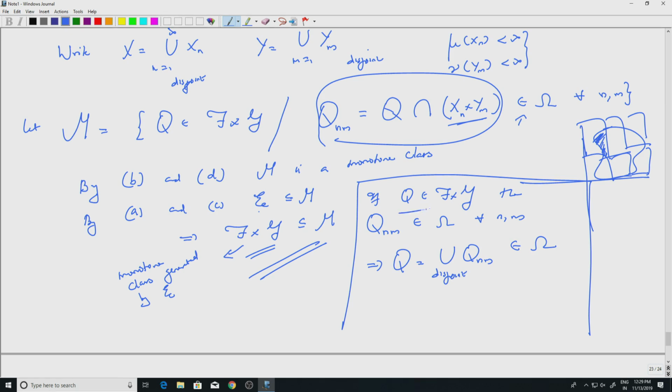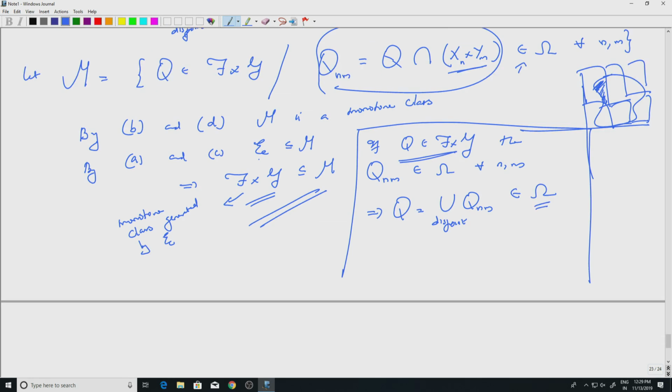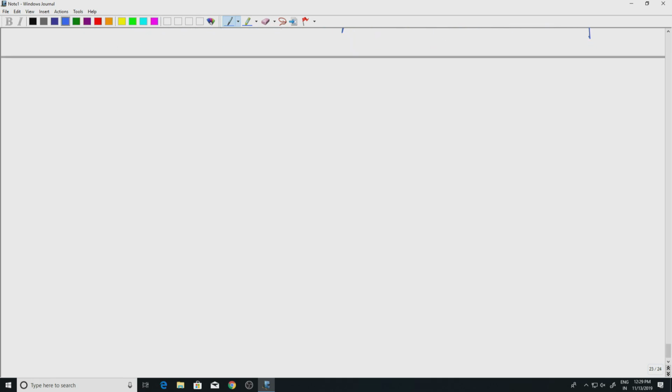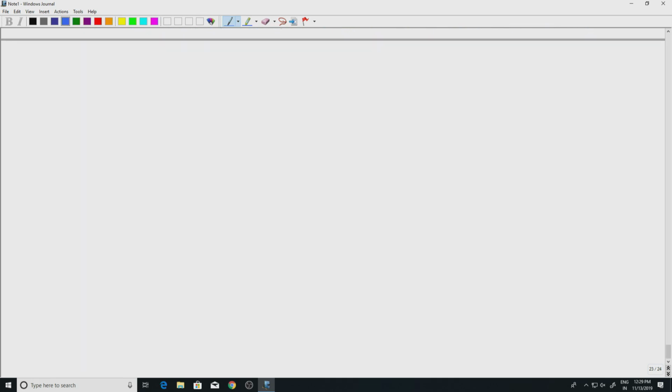So whatever set you take in F cross G, that will be in omega, which means that, let me write down this as a separate statement. You have X, you have F, you have mu and a similar measure space G and nu. You have X cross Y now, you have F cross G now, and I am looking at the measure, right. So I take any Q in F cross G. What did we prove?